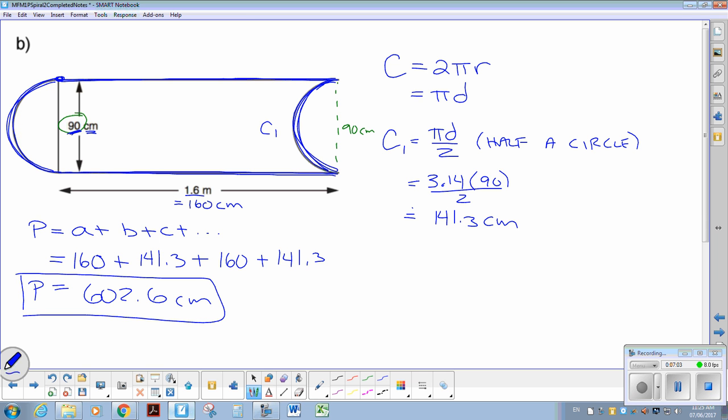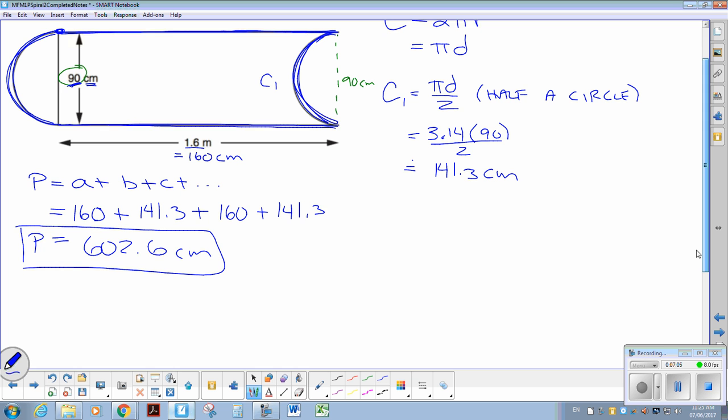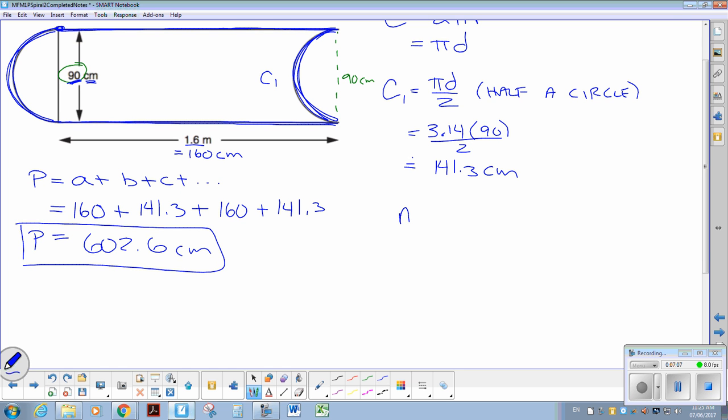Now we have to find area. So we have to work down here. So area, our total area is area 1 plus area 2 plus dot, dot, dot. Okay, so the first shape I see is the outside rectangle. So that's going to be my area 1. Now, I need to add on half a circle.